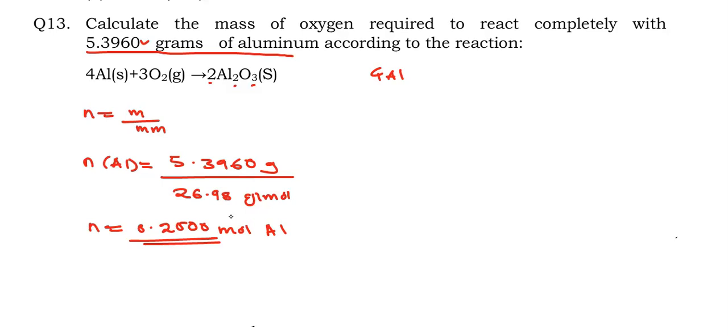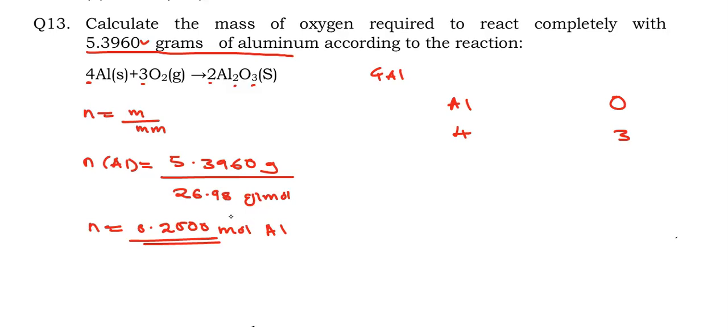Now, to find the number of moles of oxygen, we are going to compare the stoichiometric ratios. We have been given aluminium, and we also have oxygen. For aluminium, we have 4 here, the stoichiometric ratio is 4. What about here? The coefficient, we have 3 here for oxygen.